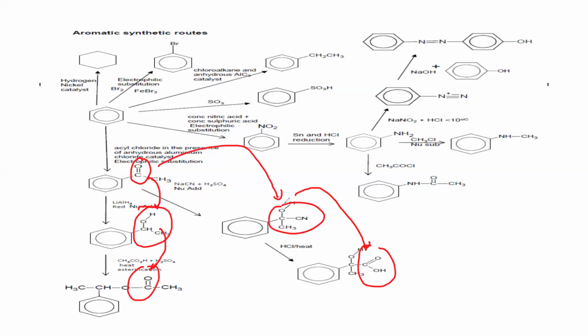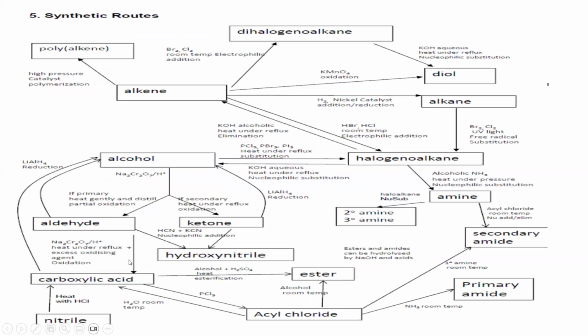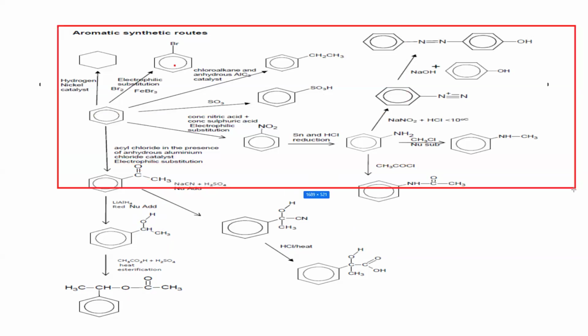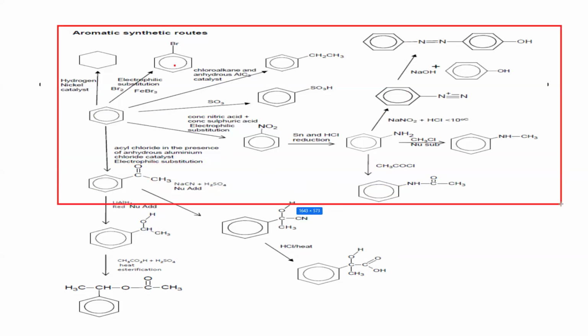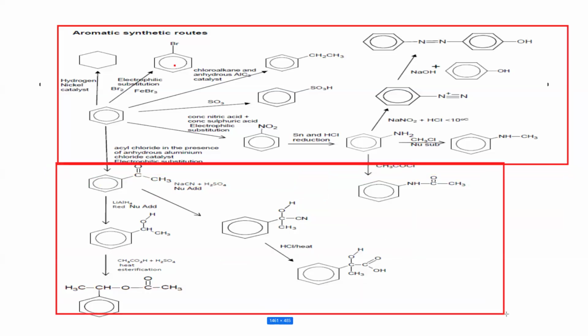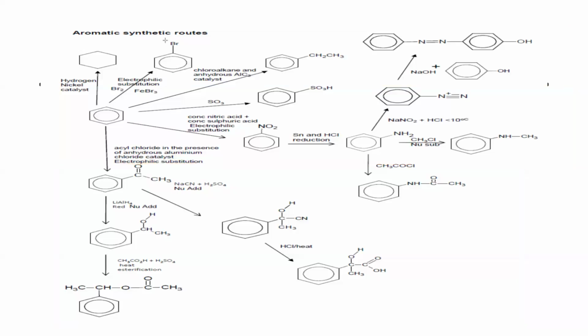This is all side chain, which we have already discussed in the previous slide, how a nitrile can be converted to a carboxylic acid or to alcohol. So the top part of this chart is actually the substitution to the benzene group, and the bottom part is actually the substitution to the side chains. Is it clear? Any question or doubt?